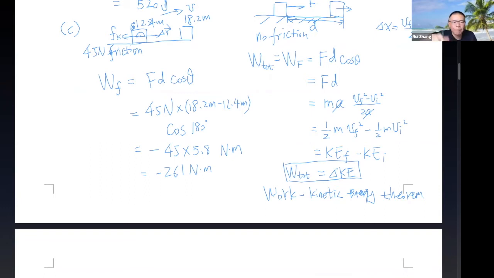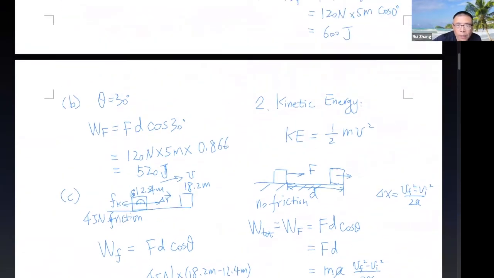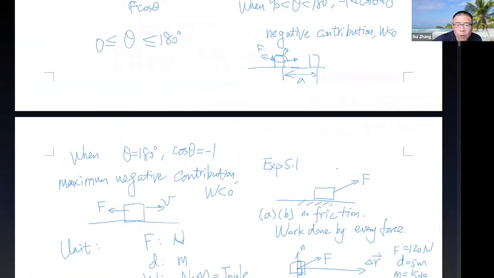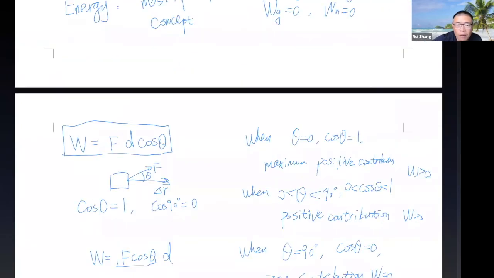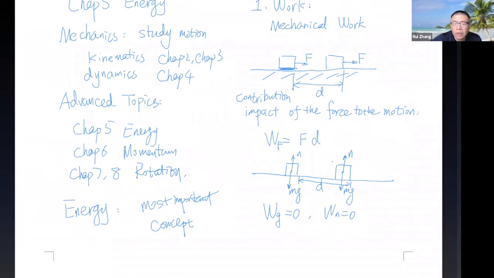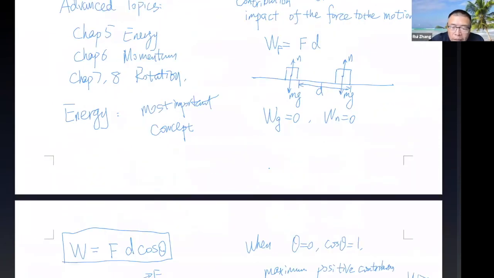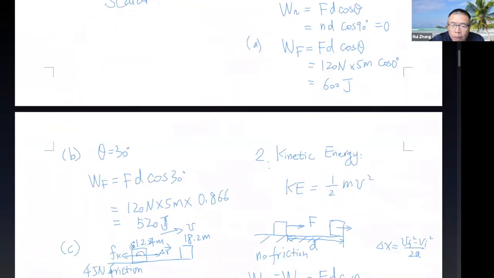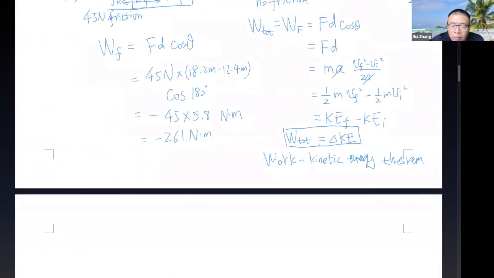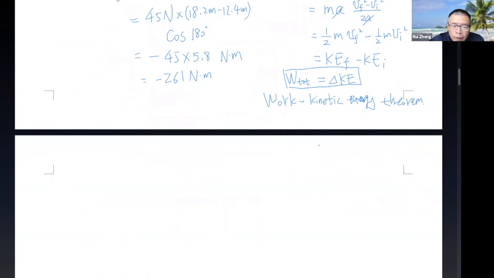That's a better, more quantitative way to talk about the contribution or impact of the force to the motion. Essentially what we mean is how the work changes the energy of the system. And we see here that the total work is directly related to the kinetic energy of the system. Does it make sense to you guys?